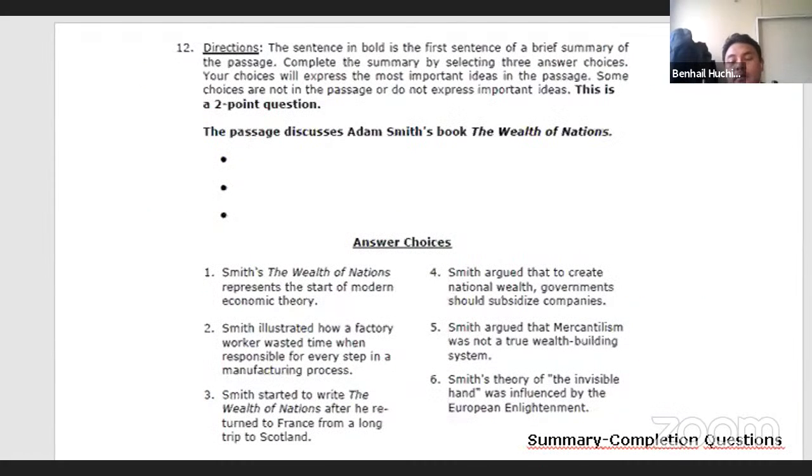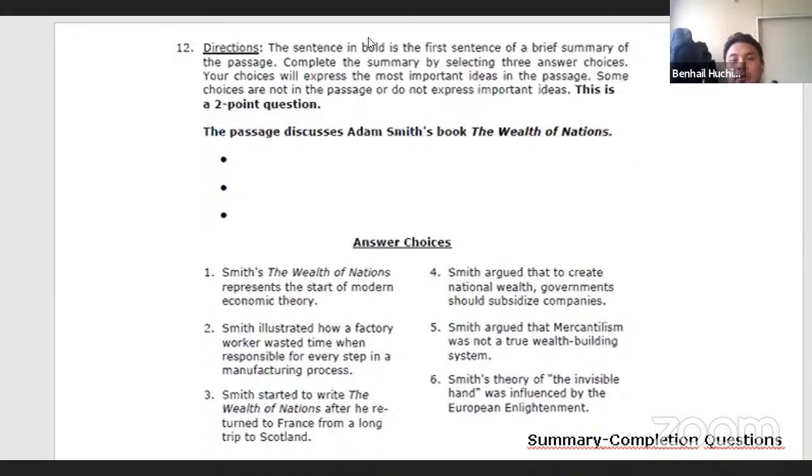Then here is mostly the same. This is a 2-point question where you need to select 3 statements or 3 paragraphs that summarize the whole lecture. I mean, 3 ideas that summarize the lecture.